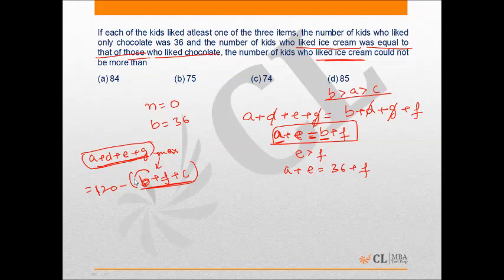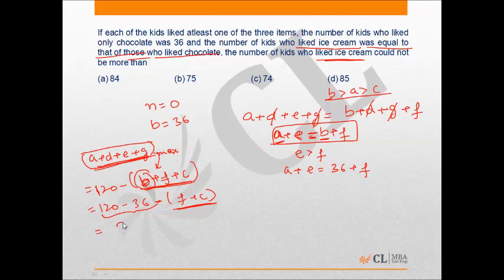My value of B is given as 36, right? So by putting the value of 36 here, I will get minus of F plus C. So in order to get this expression as the maximum, I will minimize this F plus C, because the minimum is this F plus C, the maximum will be the answer, right?